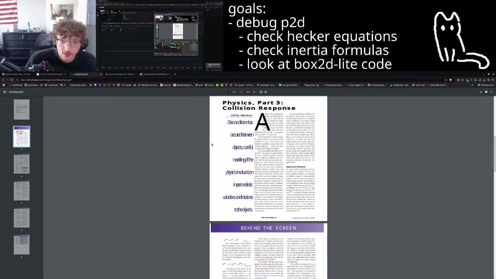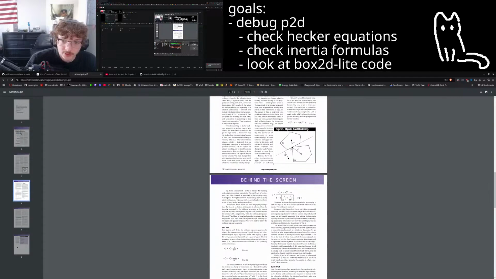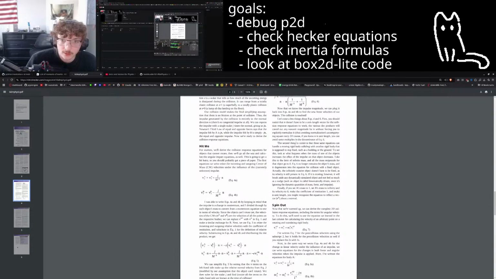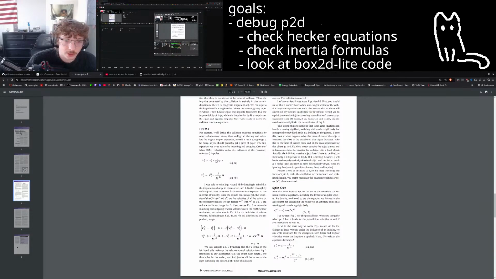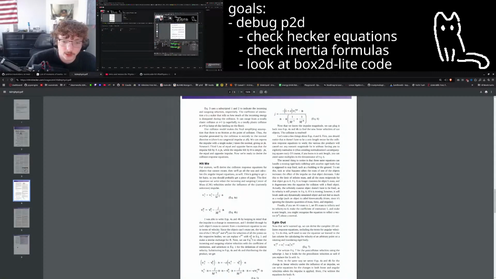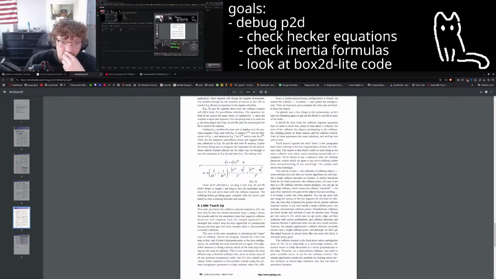So I spent like 4 hours yesterday double checking the equations in the Chris Hecker magazine article that 2-bit derives these from, and they look fine to me. So I think the biggest problem I had was in the angular solver, the right side of the denominator was exploding. And I think it's mostly because of these inverse inertias.